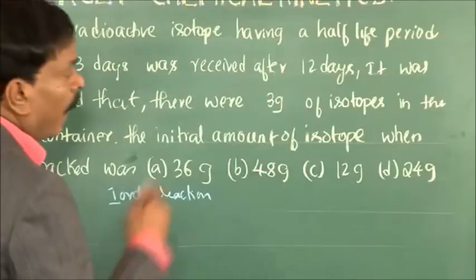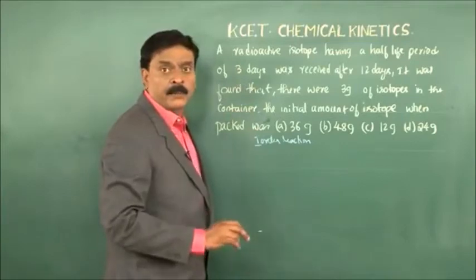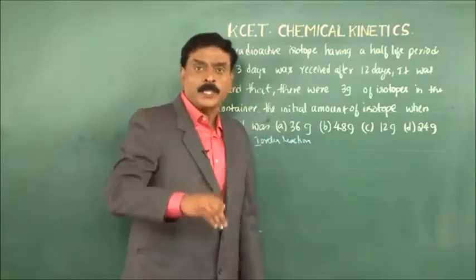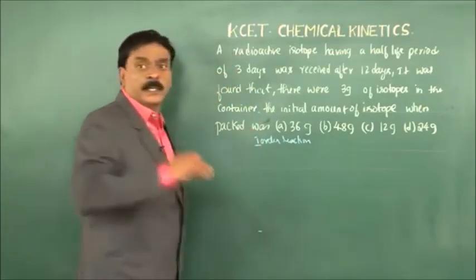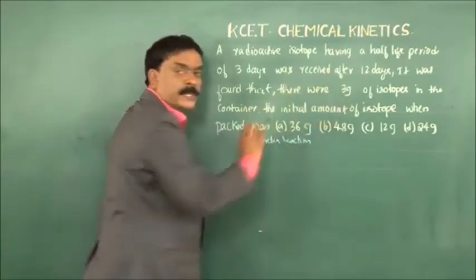Now here we have to find out the initial amount. The half-life period is 3 days. We need to know what the initial amount was when the radioactive isotope received after 12 days was only 3 grams.